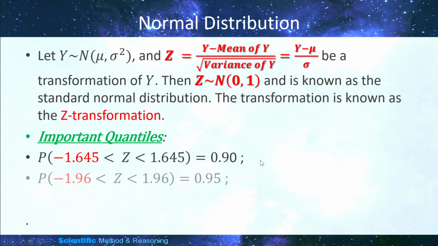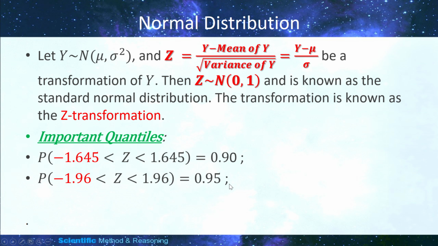And some important quantiles: 1.645 with 90%. That means 5% on the left tail and 5% on the right tail. And when the magic number 1.96 is used, that means we have 2.5% on the left-hand side and 2.5% on the right-hand side.